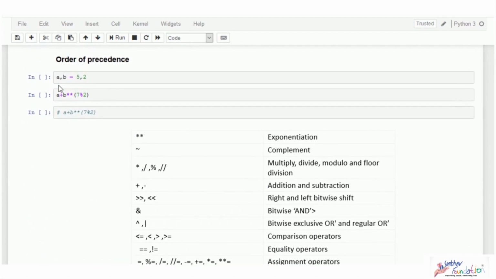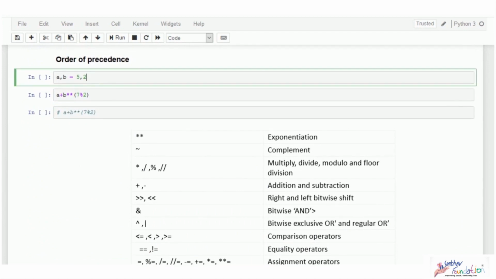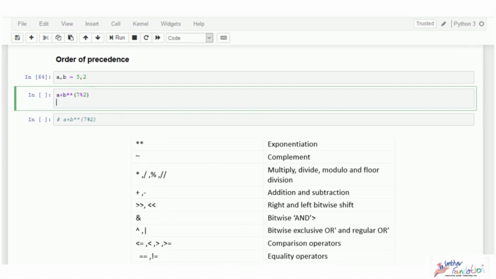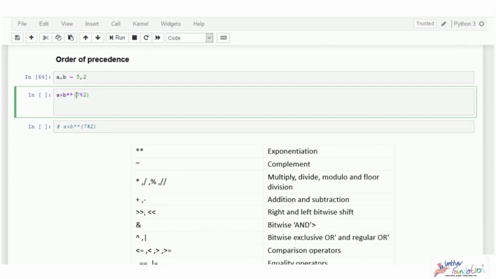Let me take some values to demonstrate with an example. We have a, b equal to 5, 2. So when I run it, 5 gets assigned to a and 2 gets assigned to b. Now normally how would you evaluate this in mathematics? First you evaluate the brackets, right? Whatever is within the brackets gets evaluated first. So this is actually 5 plus 2 power 7 mod 2.